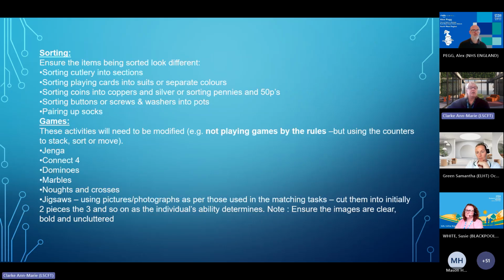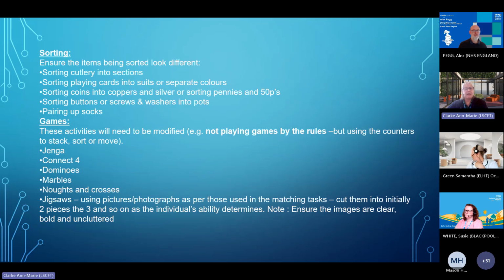So it might be looking at sorting tasks. Can they sort cutlery into sections? Do they recognise the difference and understand the rule of what you're asking them to do? Sorting playing cards into suits or colours, coins, things like that. Pairing up objects. Doing activities such as Jenga, Connect Four, dominoes.